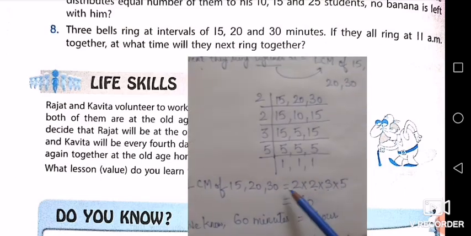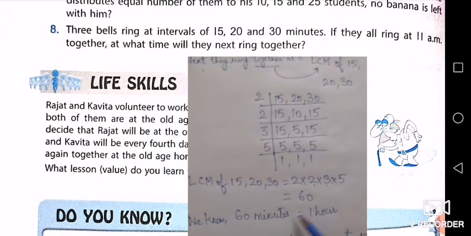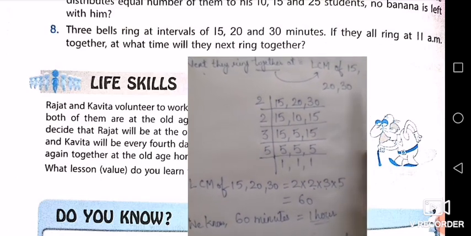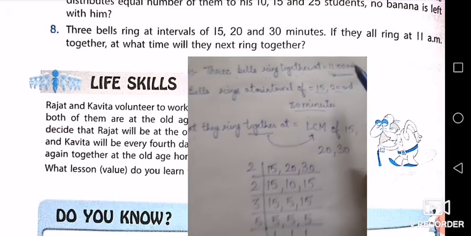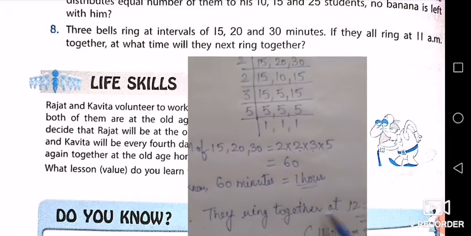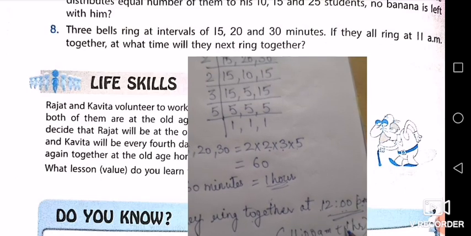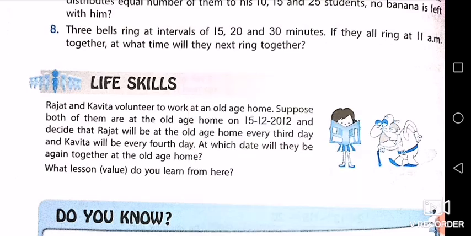Now, LCM of 15, 20 and 30 is equal to 60. We know that 60 minutes is equal to 1 hour. It means this 1 hour will be added to 11 a.m., when the bells rang together. 11 plus 1 hour. Therefore, they ring together at 12 p.m. or 12 noon. I hope this question is clear to you all.